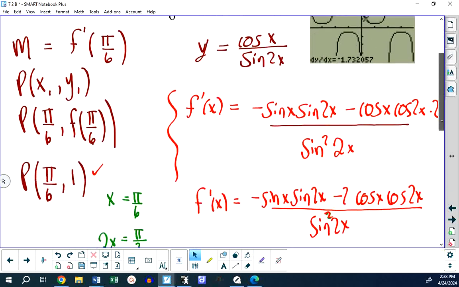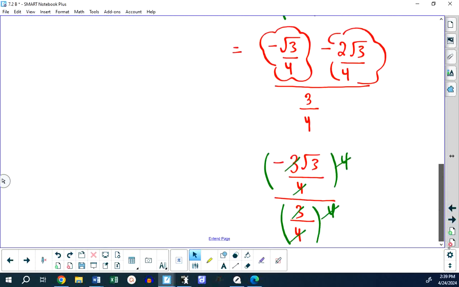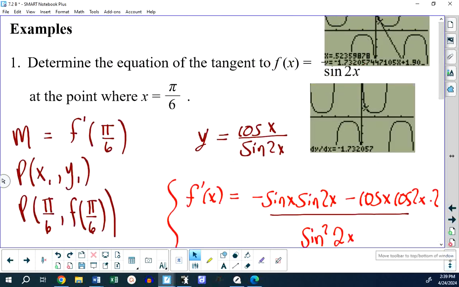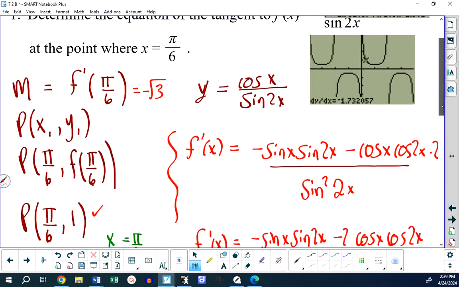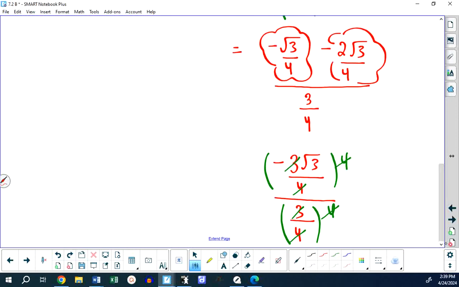So now all that's left is to take that slope of negative root 3 and the point of pi over 6 comma 1 and feed them into this equation.